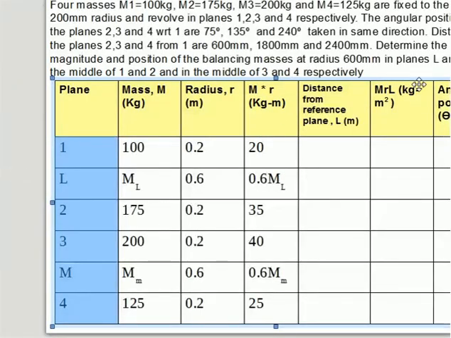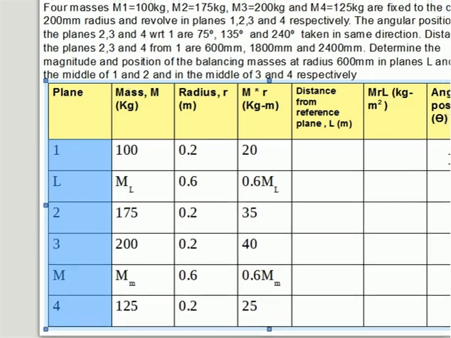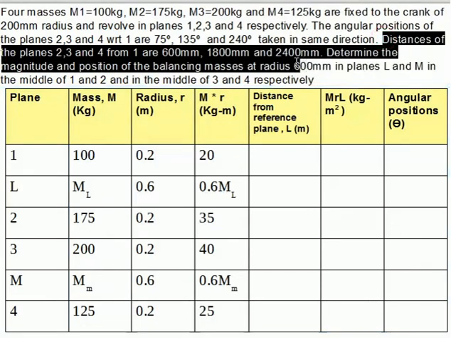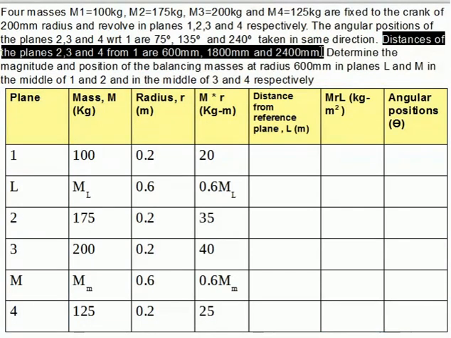And we'll write the horizontal distance between each plane, which is given in the problem. The distances of planes 2, 3 and 4 with respect to 1 are 600, 1800 and 2400.